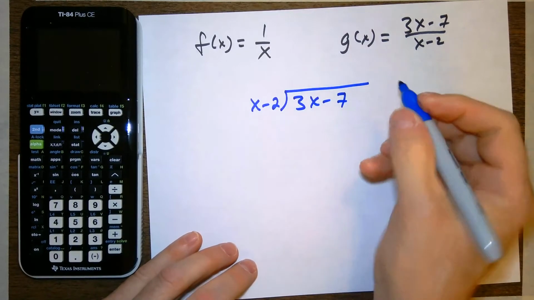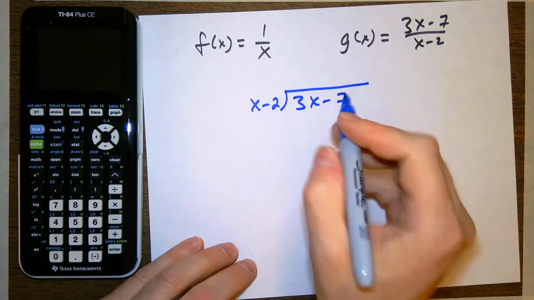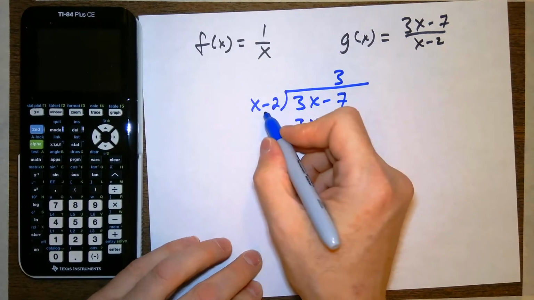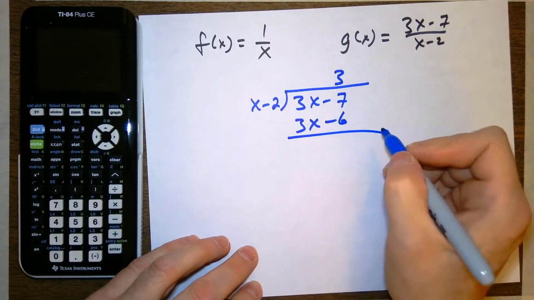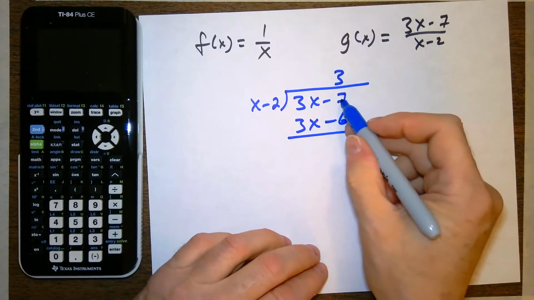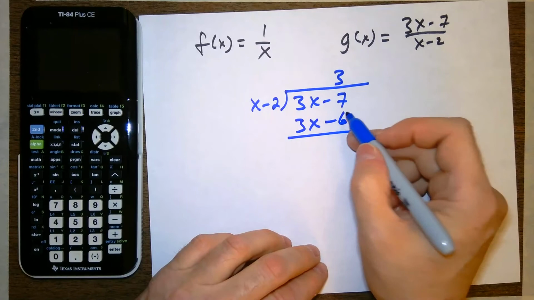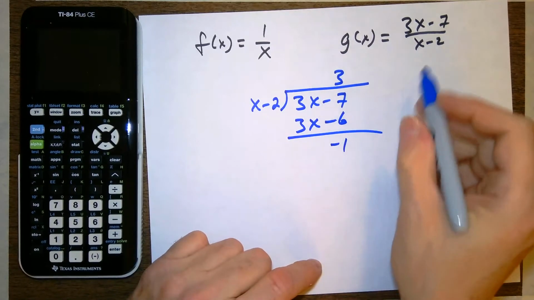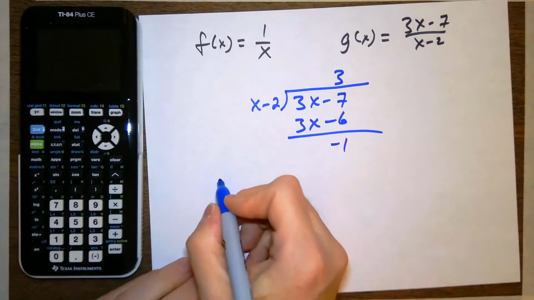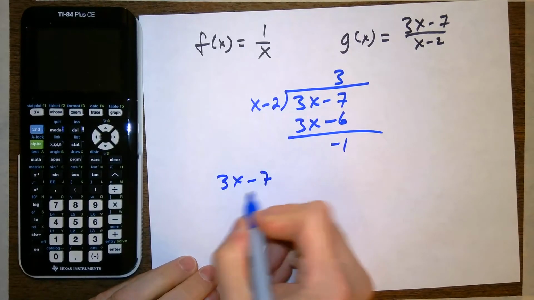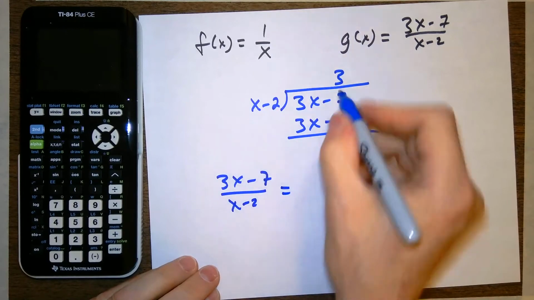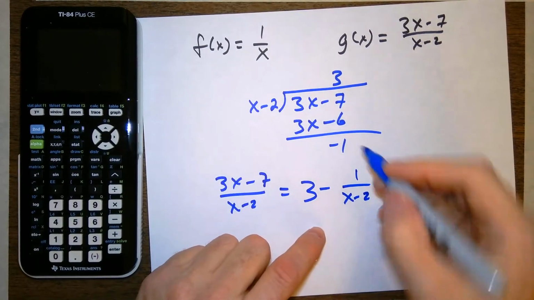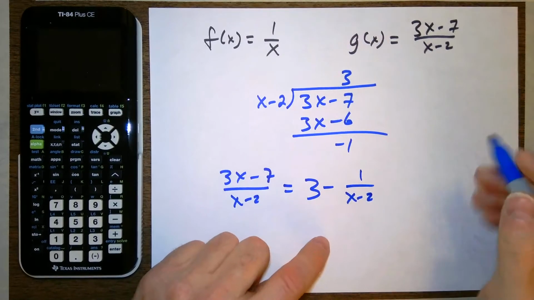What times x gives me 3x? 3. 3 times x gives me 3x. 3 times negative 2 gives me negative 6. Subtracting, negative 7 minus negative 6 is negative 1. That's my remainder. So 3x minus 7 over x minus 2 is equal to 3 minus 1 over x minus 2, the remainder over the divisor.